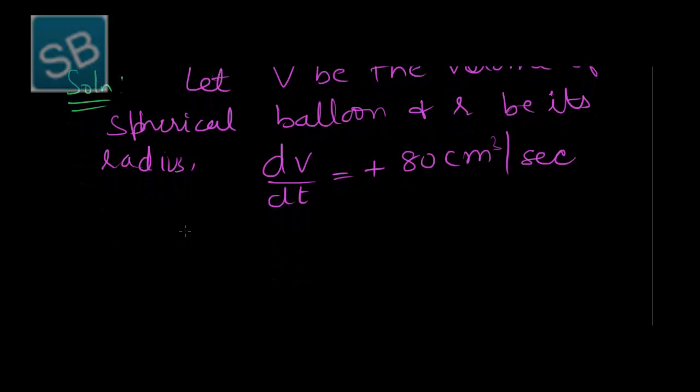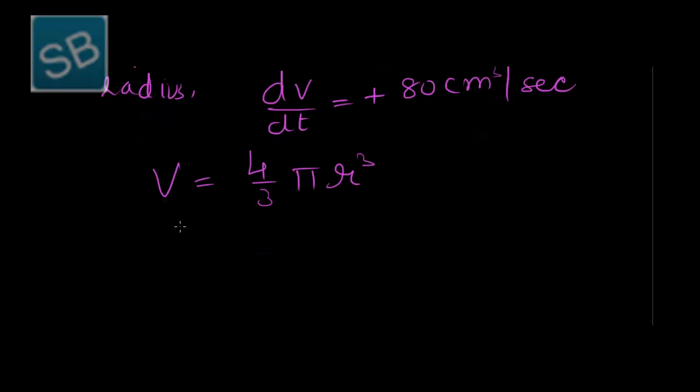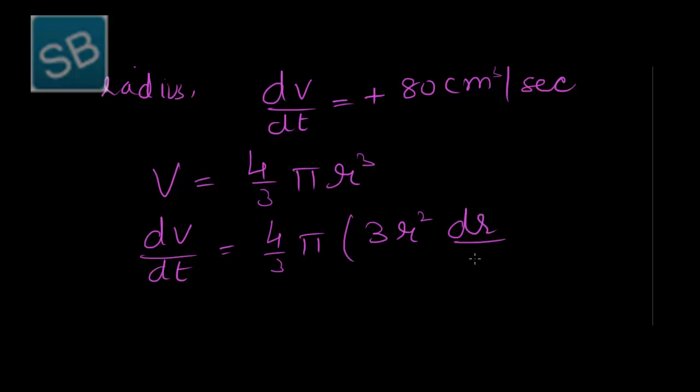As we know that volume of a spherical balloon is 4 by 3 pi r cube, we will find out the rate of change of volume with respect to time. That is dV over dt gives 4 by 3 pi 3r square dr by dt.